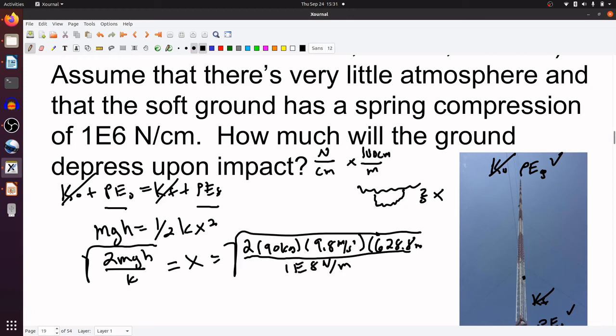Okay, now I'm going to divide that by 1e8, and I'm going to raise that to the half power, take the square root, and I get 0.1, so around 1 centimeter. So, fun little problem.